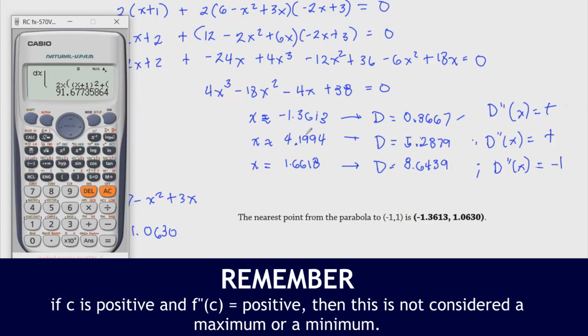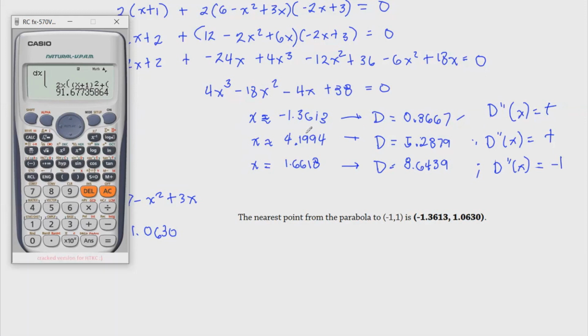Let's say for example a critical, a stationary point wherein that's an inflection point, or it could be that it is a saddle point. So there are cases wherein it could be like that, but you need to look at the sign of your x, and then you look at the sign of the second derivative. If it's opposite and it started with the negative and then it becomes positive, then it should be the minimum. And then if it's positive and then it becomes negative, then that should be the maximum.